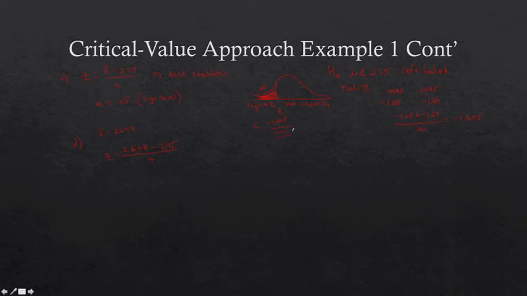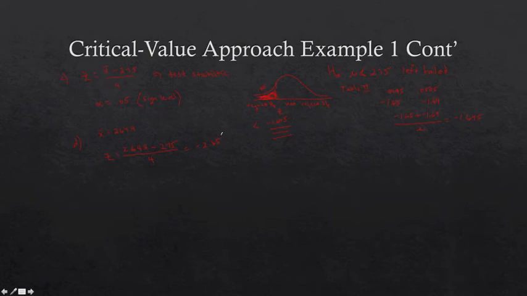So we've got to be able to look at apples and apples instead of apples and oranges. So change it, and you should get negative 2.65 for that z-score.